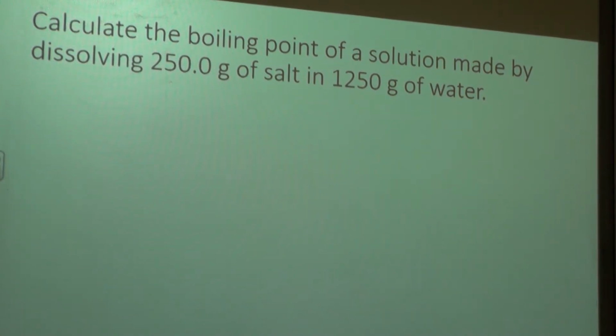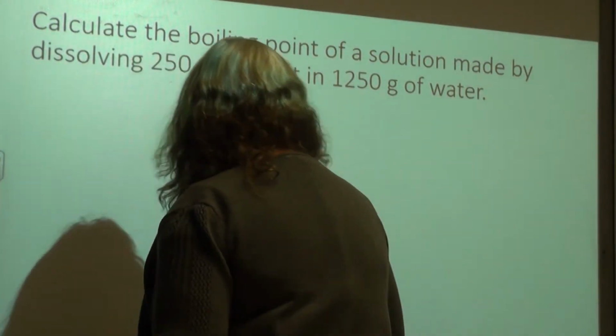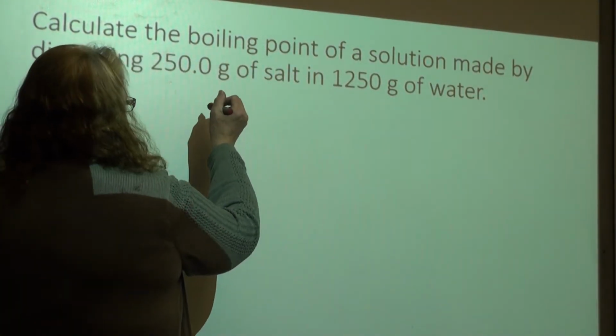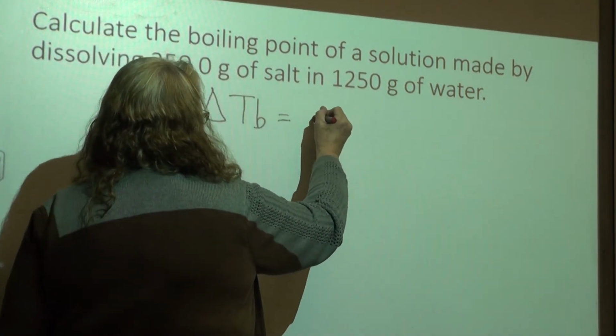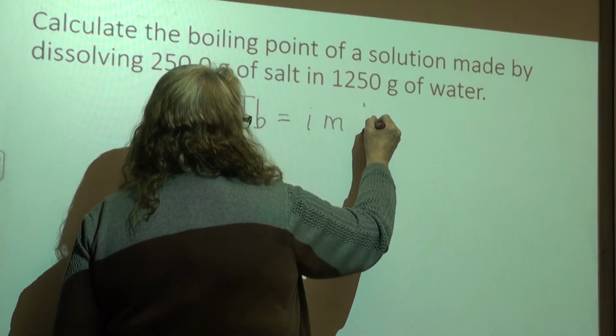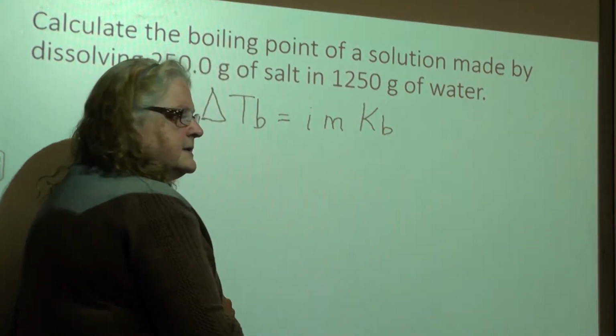It says, calculate the boiling point of a solution made by dissolving 250 grams of salt in 1,250 grams of water. So I want to calculate a boiling point. Look through your notes and tell me what equation you think you want to use. That's my equation.